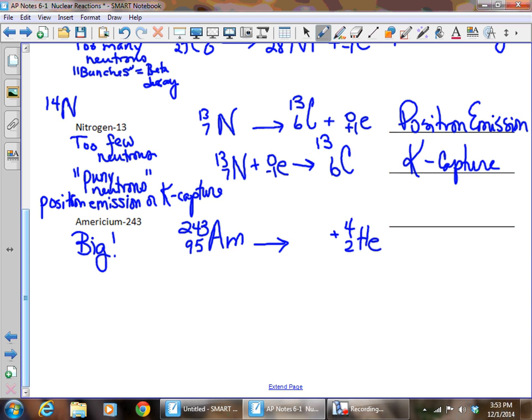And it looks like we're going to need to have a 93 over here for our bottom number to go with the 2 from the alpha particle, and on top a 239. So we can add up 239 plus 4 on the right, which gives us our 243 on the left. Number 93 is neptunium. So our daughter nuclide is going to be neptunium in this process. And again, this was alpha decay or alpha emission, either one.